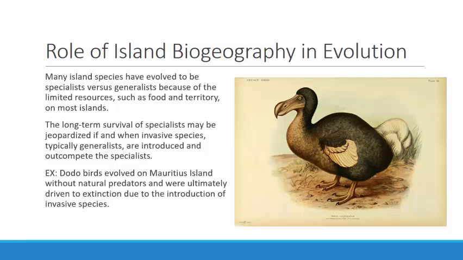The dodo bird evolved with no natural predators, and when invasive species were introduced to the island, there was a huge amount of extinction happening because these dodo birds were not able to compete with these generalist species that were being brought in. So eventually, dodo birds went extinct.